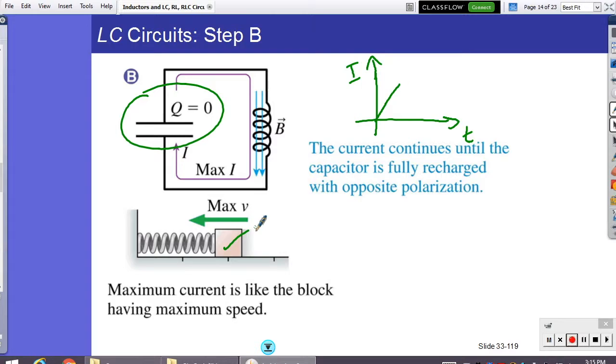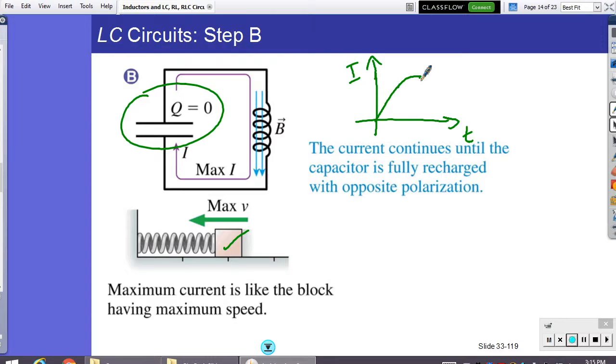And so the current starts to level off. Well, you might think, if the capacitor is out of charge, current's going to stop. But remember, the inductor has now allowed a bunch of current to flow, and it doesn't like change. So it's going to keep that current moving, regardless of what anybody else thinks.